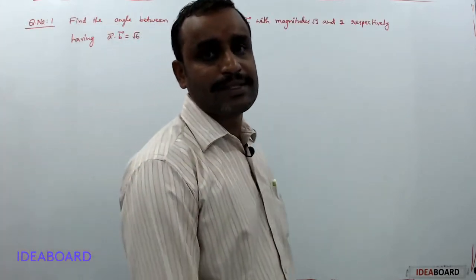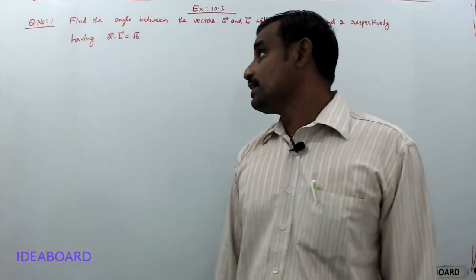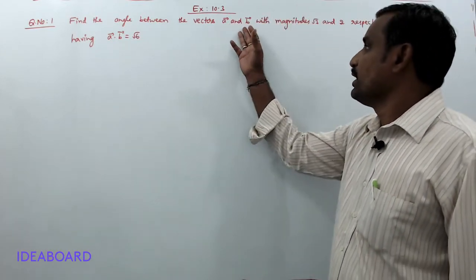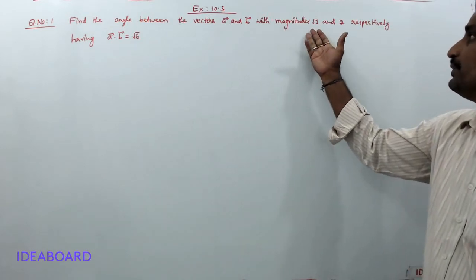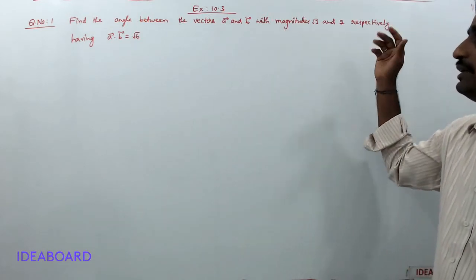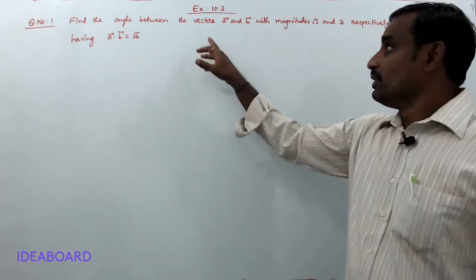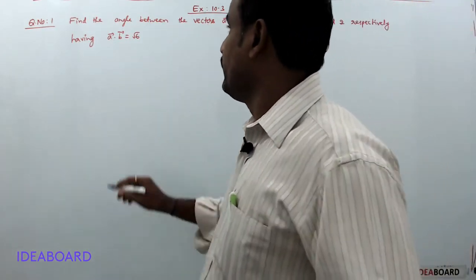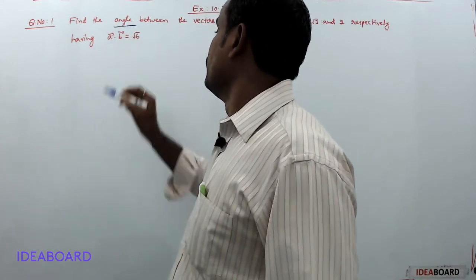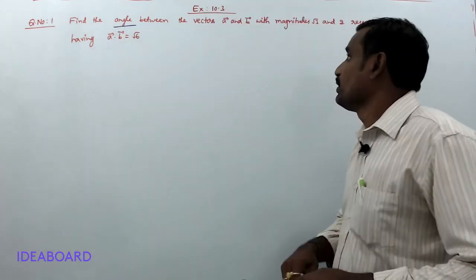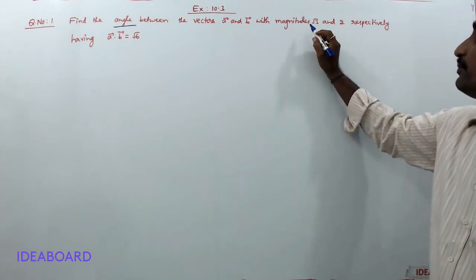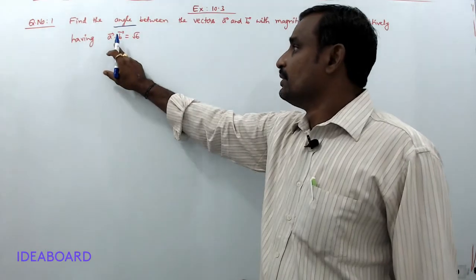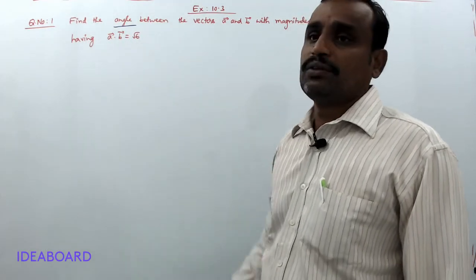Exercise 10.3, question number 1. Find the angle between the vectors a bar and b bar with magnitudes root 3 and 2 respectively, having a bar dot b bar equal to root 6.